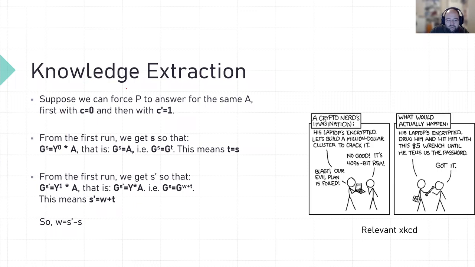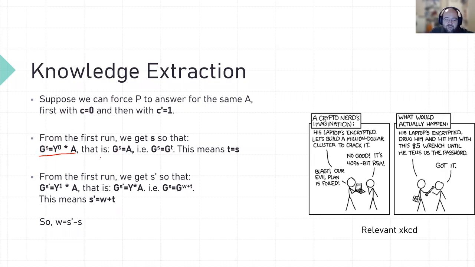It just so happens that if the verification works, in the first case where the challenge is 0, we will have that g to the s, where s is whatever the prover provided, must be equal to y to the challenge times a, because that is what the verifier is checking. So if the prover can actually win when the challenge is 0, then the prover is able to provide a solution s such that this equation is true.